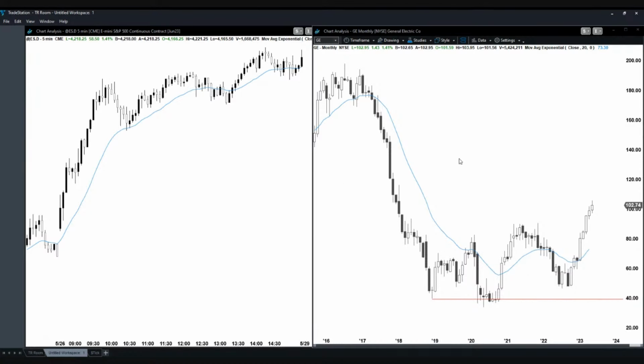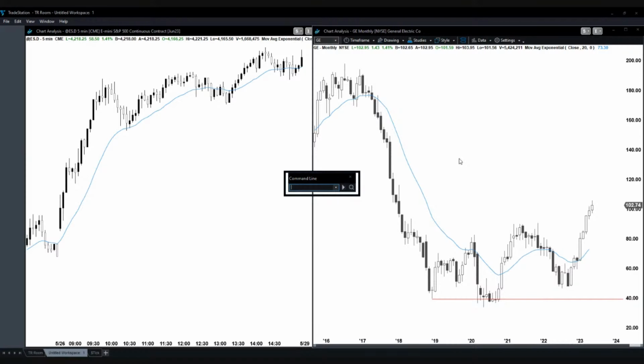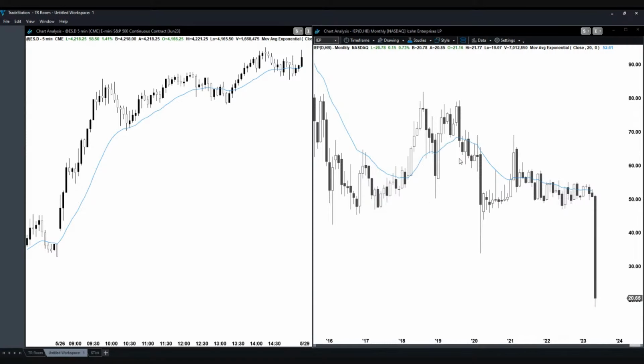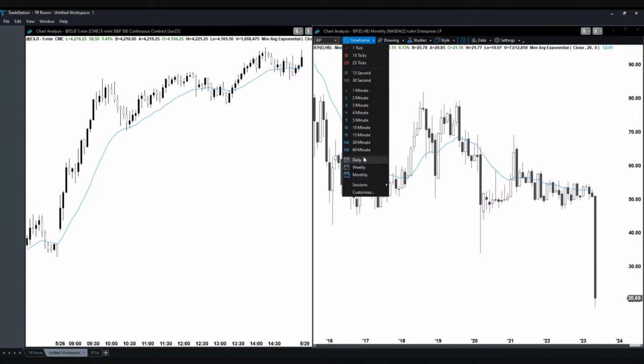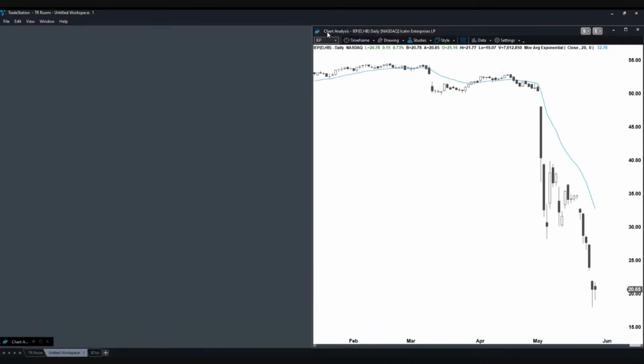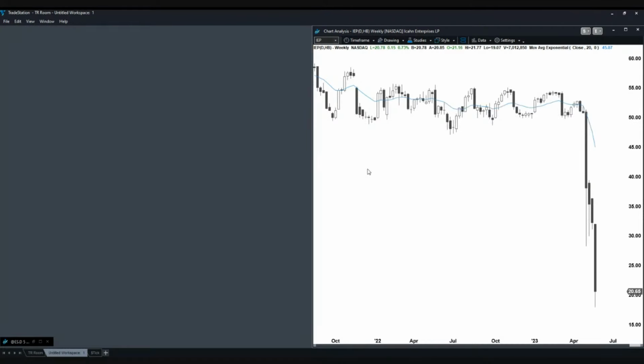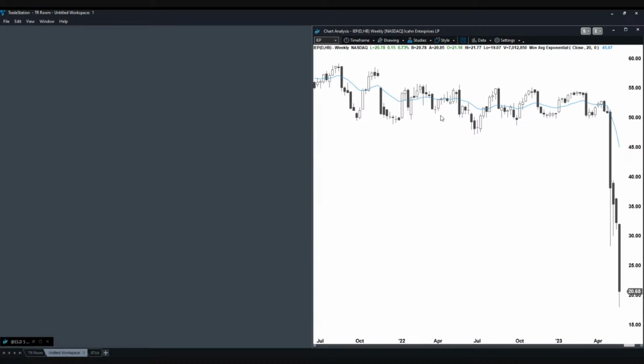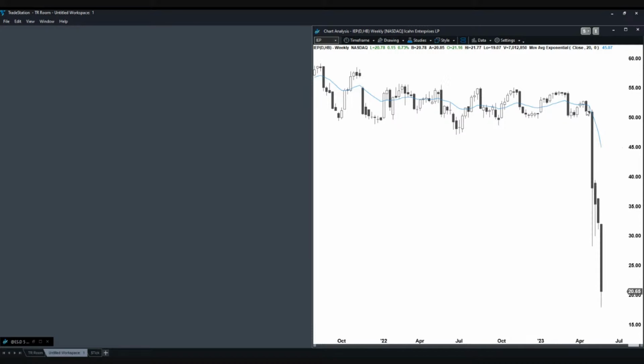Carl Icahn, I'm sure a lot of y'all have paid attention to IEP recently, Icahn Enterprises, Icahn stock, and you can see in the past few days, the market sold off significantly, and it was paying a very high dividend. Here's a weekly chart. It's been going sideways for several months, and it was paying a really high dividend, I don't remember exactly. Anyways, they released some report saying that it's a fraudulent company, and it sold off.